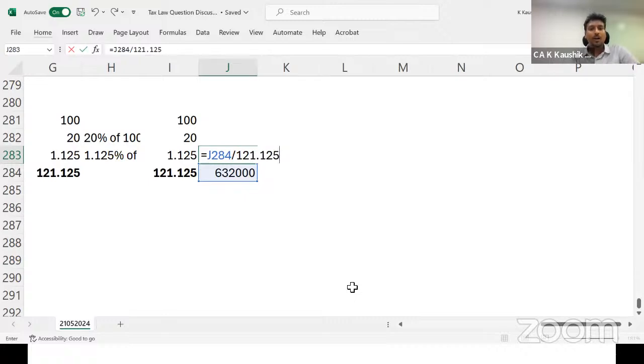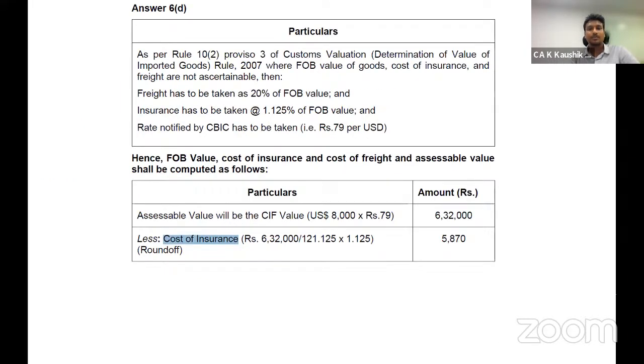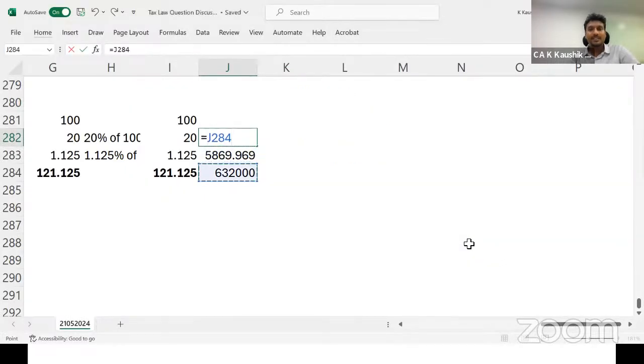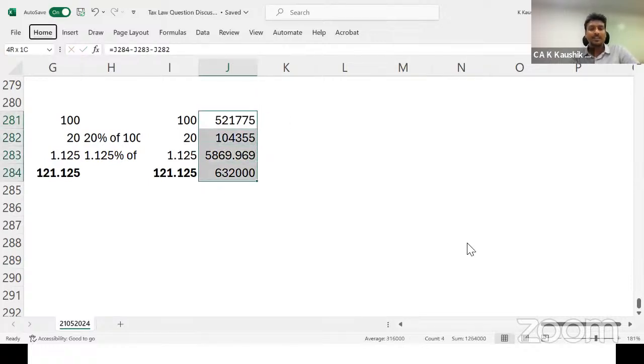what is 1.125? You will get 5,870. That is what is given here. And if 6,32,000 is 121.125, what is 20? That is 1,04,000. Now, if you subtract these two from this, you get the FOB value, that is 5,21,775.